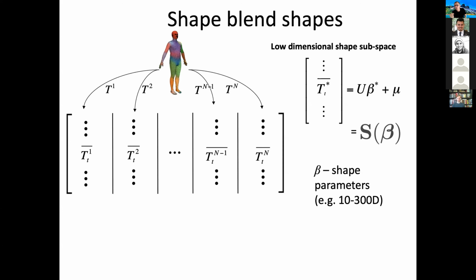Then a body shape is represented by the mean mu plus a linear combination of these eigenvectors U. That is, we multiply them by these linear coefficients we call beta. If you're using 10 components, it's 10 numbers. So a body is represented by the mean and 10 numbers. With that, we can approximate any body shape in the space and it can generalize. Is there a question?